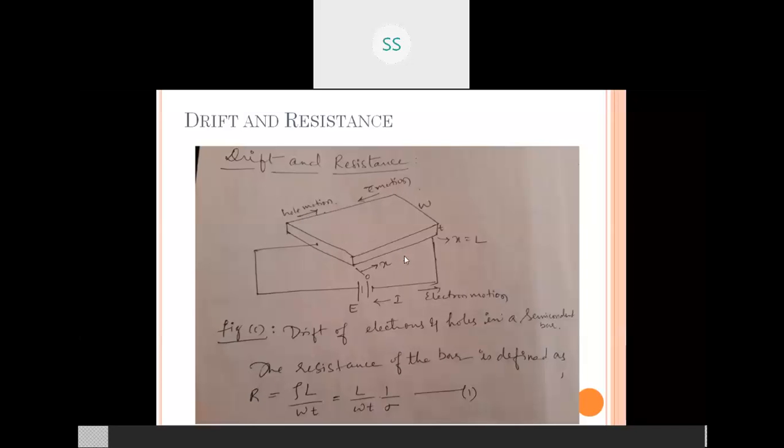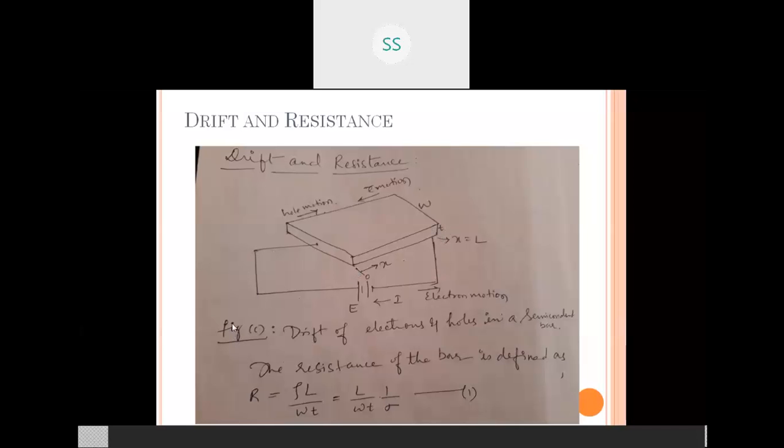Now in the semiconductor bar there are two more parameters that you can observe, x equal to 0 and x equal to L. These are the two extreme edges of this particular bar. You can assume that at x equal to 0 the carriers enter, and at x equal to L they leave.